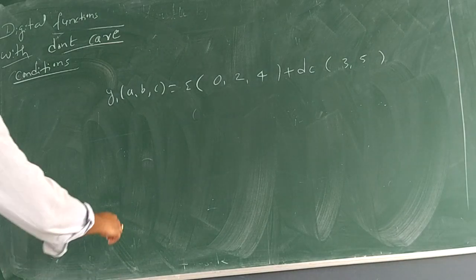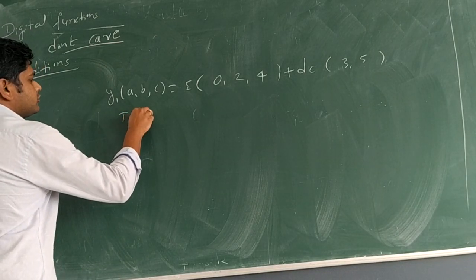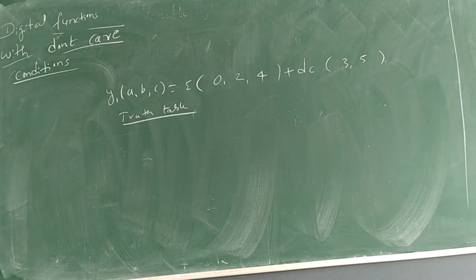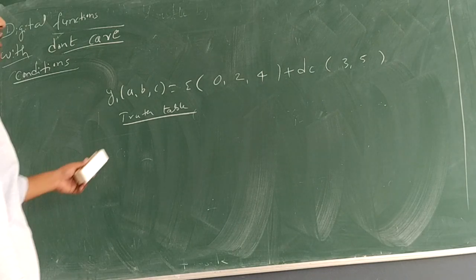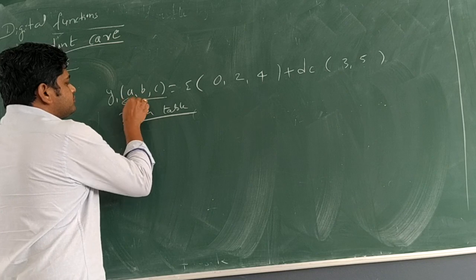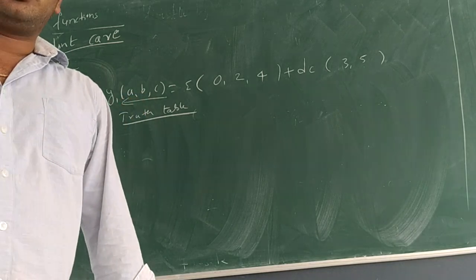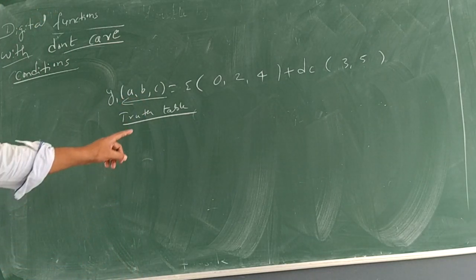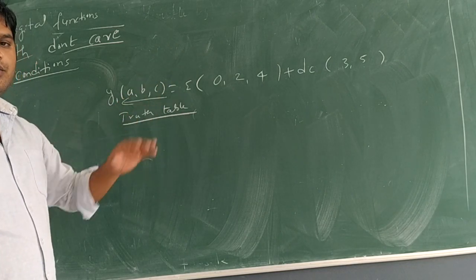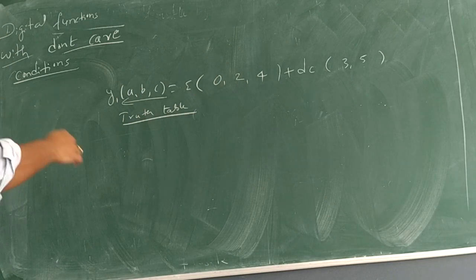So how to prepare the truth table for this problem? First we will prepare the truth table, then we will write the K-map and simplification. Find out the total number of variables given in the problem: 3, A, B, C, starting from our right towards our left.